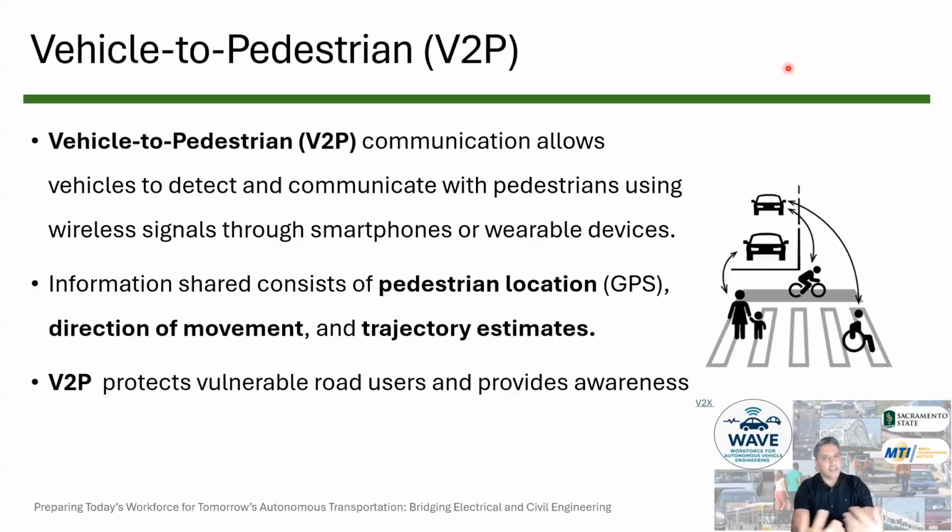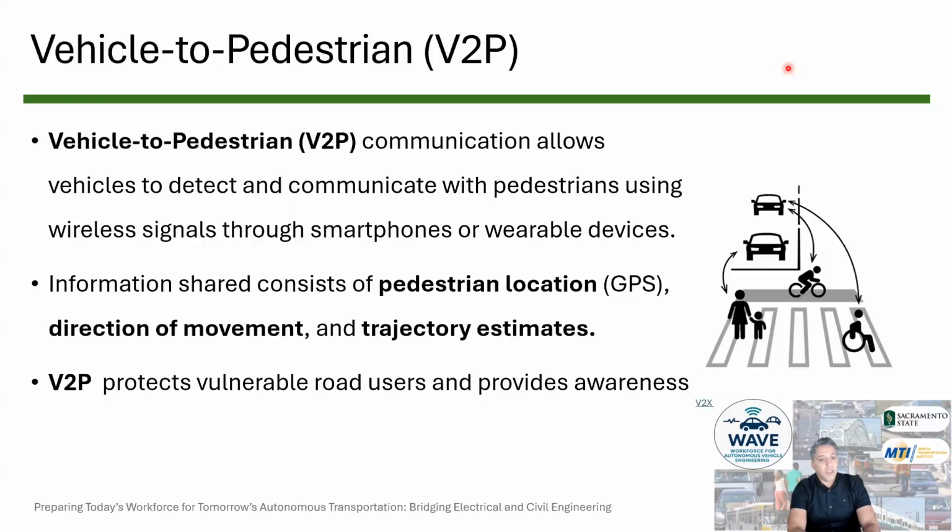The information that can be shared is GPS, direction of movement, and trajectory estimate, like where they are moving or what path they are planning to go.